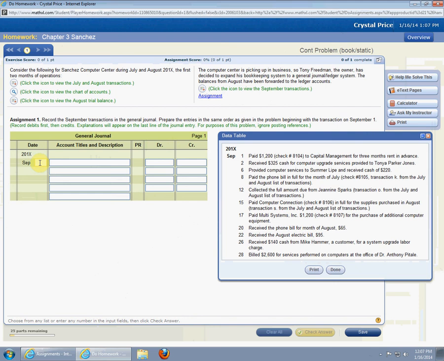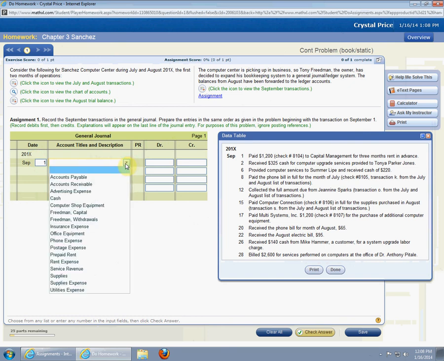Okay, so we're going to record September 1. The journal is done chronologically, so you type in 1 so that you can go back and look at the original book of entry, the general journal, by dates, and see what's happened each day. We pull down prepaid rent, which is our debit.